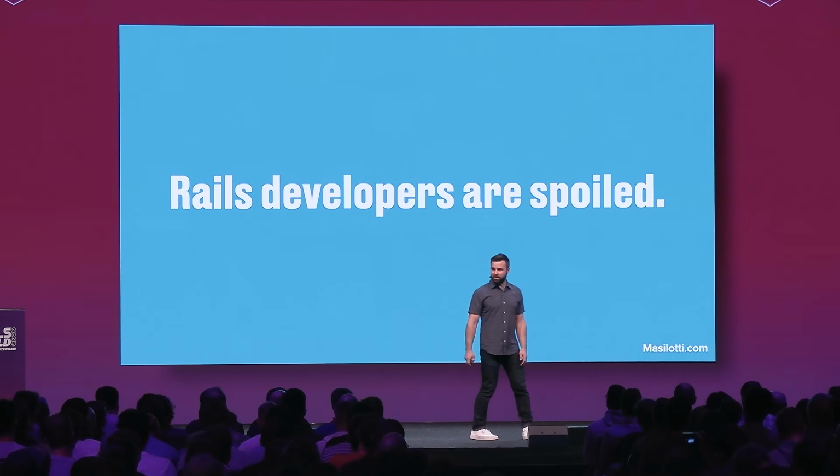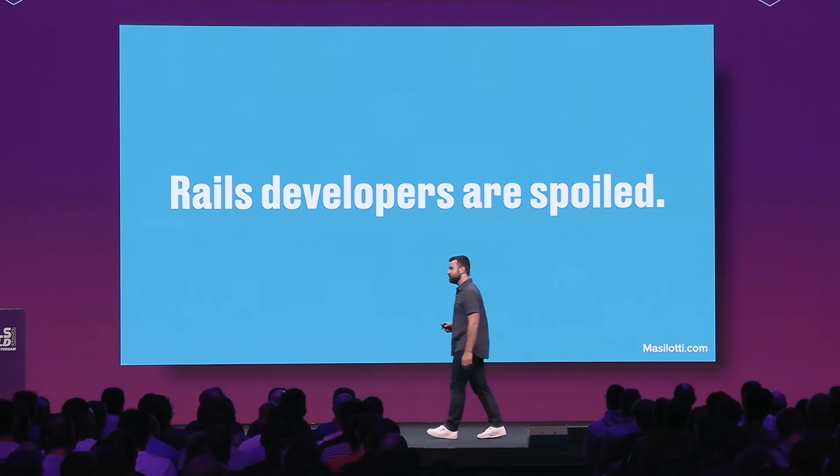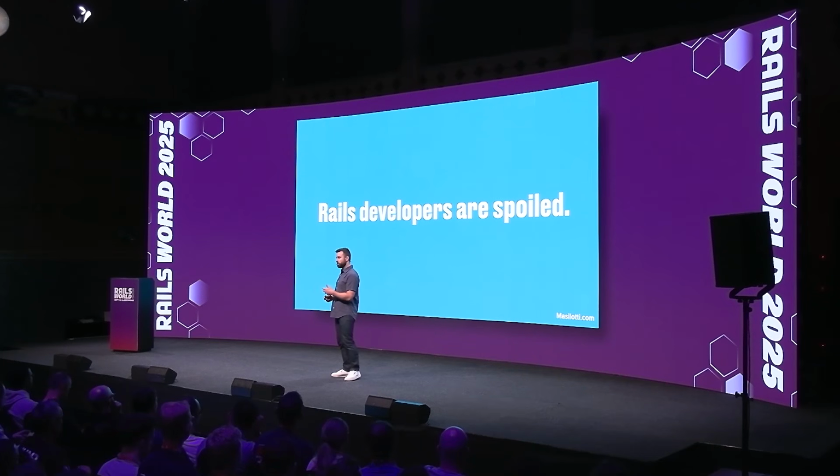We're freaking spoiled. Rails developers are spoiled. It has never been easier to build, iterate, and launch with Rails than it has been today. Even complex UX interactions are possible without writing any JavaScript, thanks to Hotwire on the web, and Stimulus, and Turbo.js.